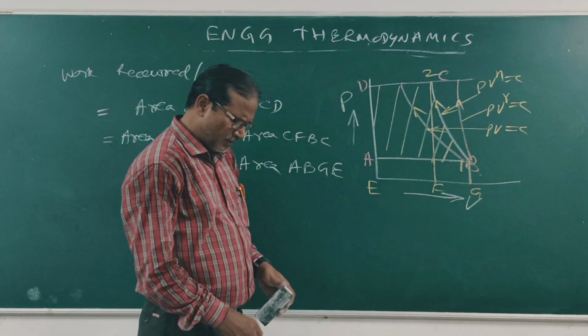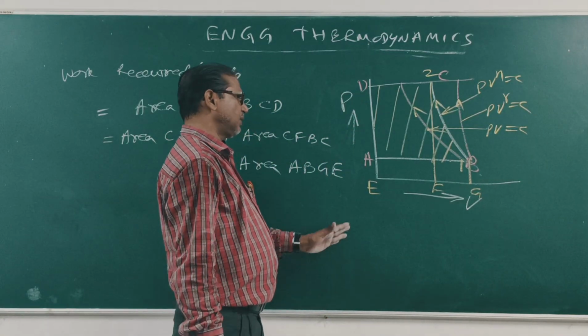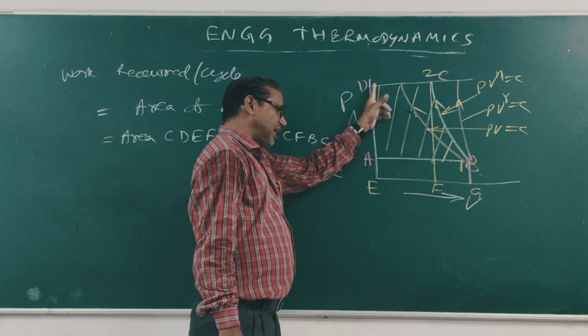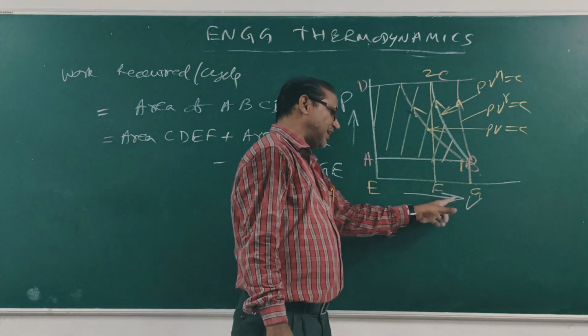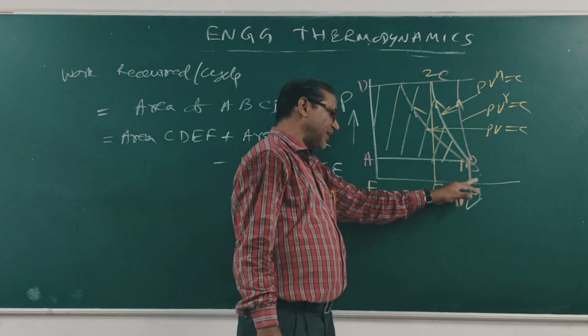Clear? This area CDFG plus area BCFG minus area ABG.